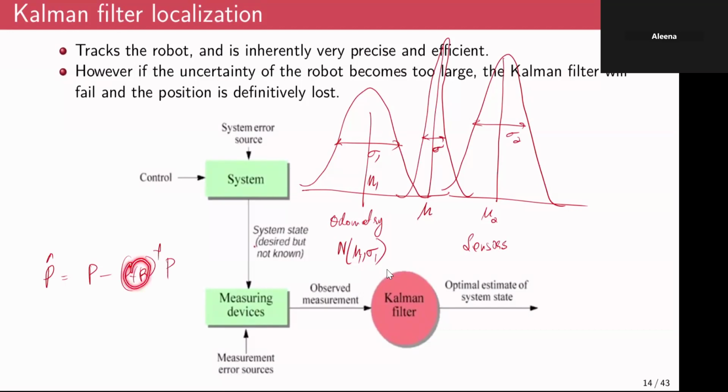So this P and R are the covariance matrices of each of these individual terms, from the sensors and from the odometry. And this P cap is the estimate of that new output. So this variance is always going to be lower than P and R. That's the advantage of using this Kalman filter. It gives you a means for fusing the information, or the distributions, from odometry and sensors.